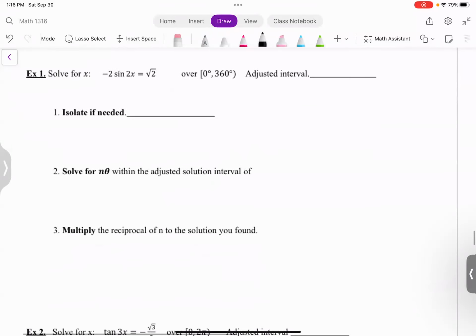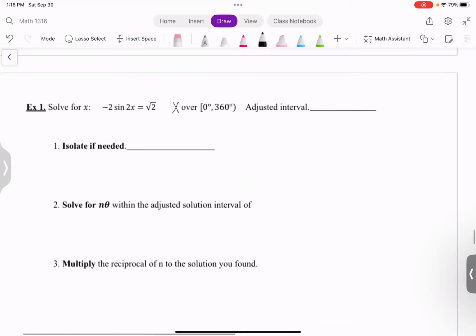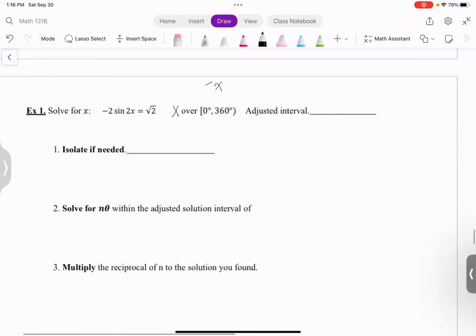Let's see the first one. Solve for x. Here is another piece of given information: find x over 0 to 360. That means my x must be between 0 degrees and 360 degrees.